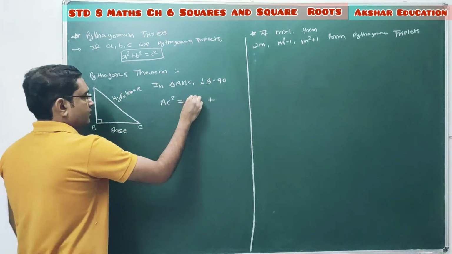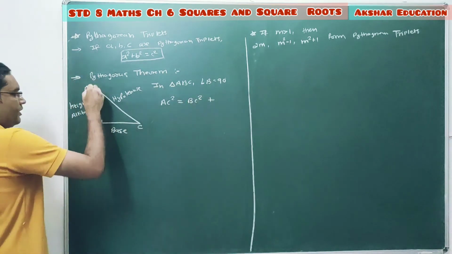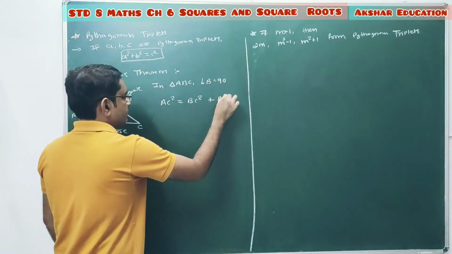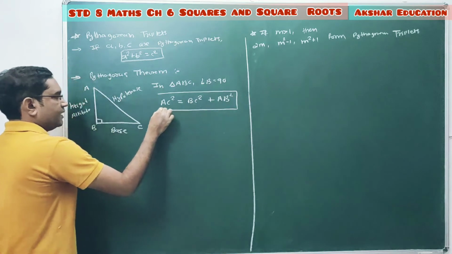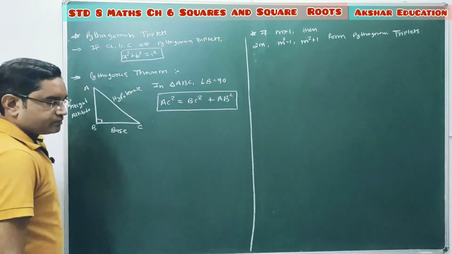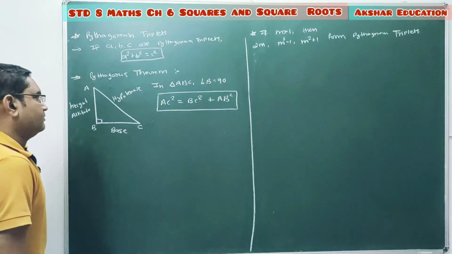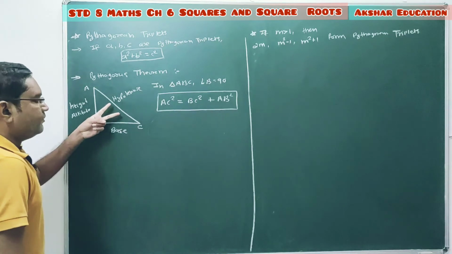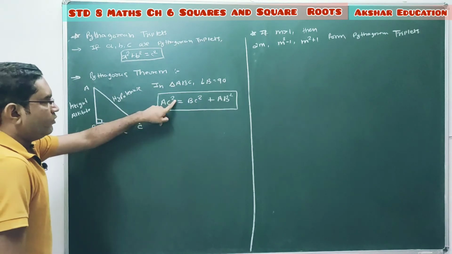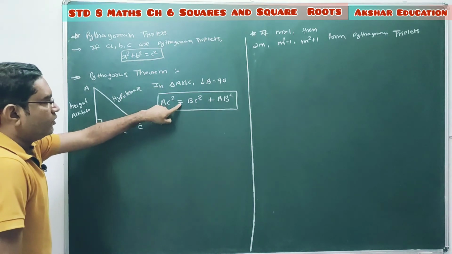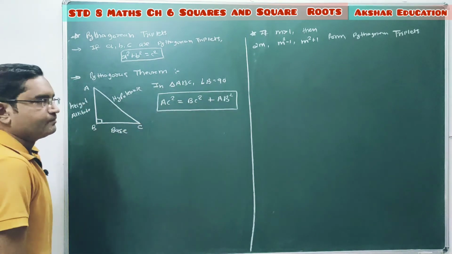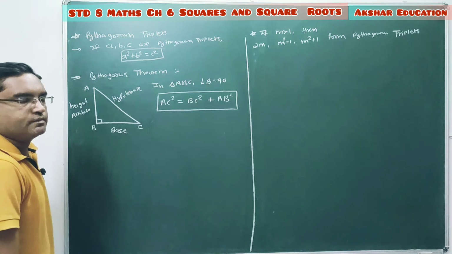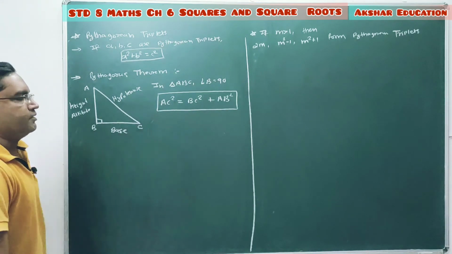Base is BC, so it's BC square, and height is AB square. Again I repeat, by Pythagoras theorem, the square of hypotenuse is always equal to the sum of squares of its remaining two sides. This is Pythagoras theorem. Clear?